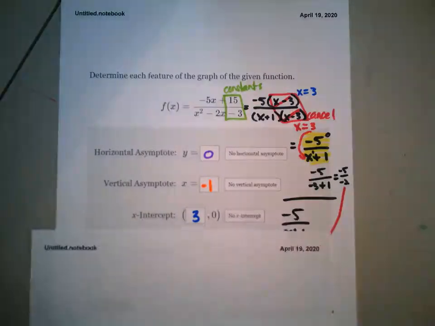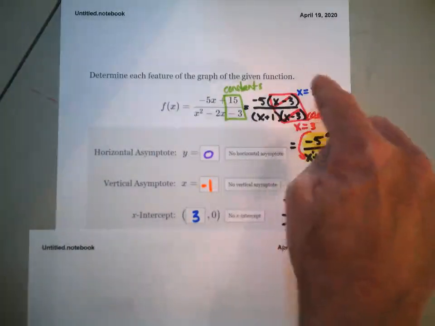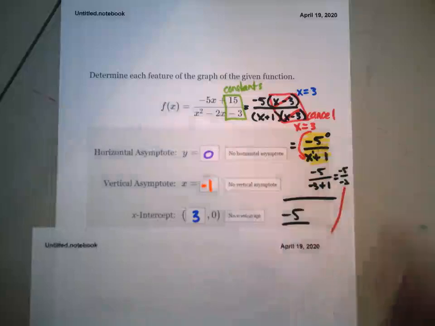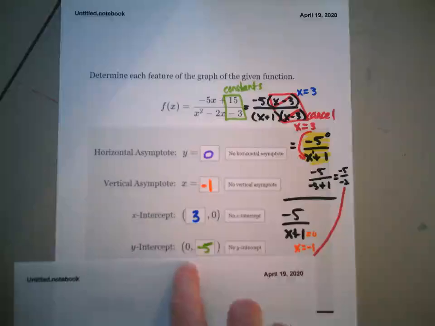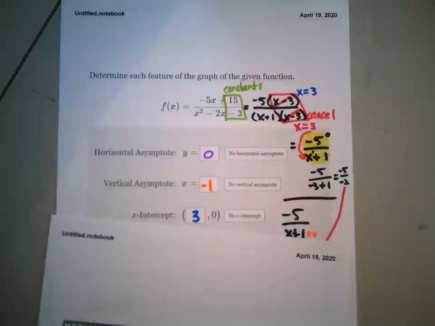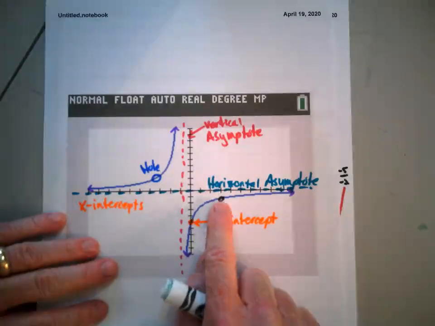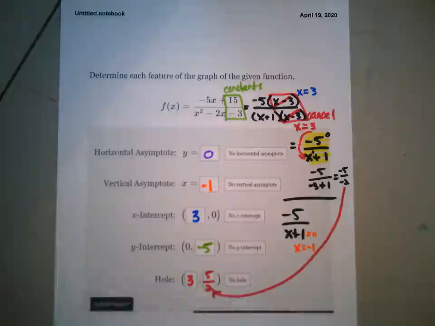Oh, it doesn't have an x-intercept. I'm sorry. So we have our y-intercept at 0, -5, and we have a hole here at 3, 5/2. So what you can't see is that there is actually a hole right there at 3, 5/2 that you actually can't see.